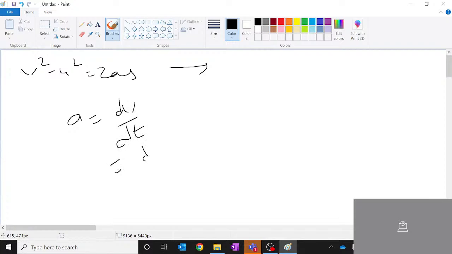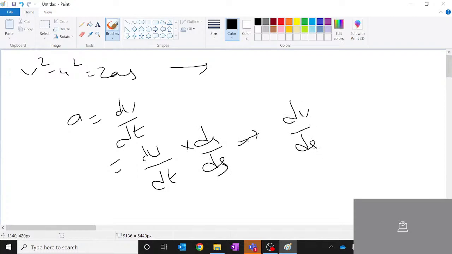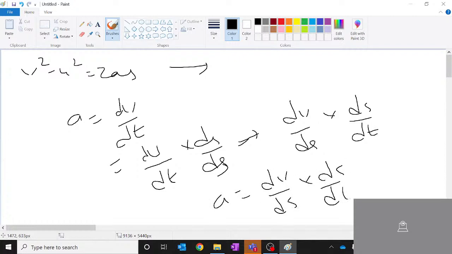Now can I introduce ds by ds, and I will write this as dv by ds into ds by dt. Clear? So my a is nothing but dv by ds into ds by dt, same thing.